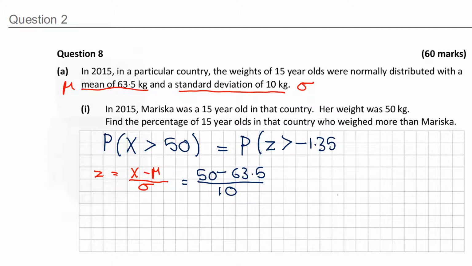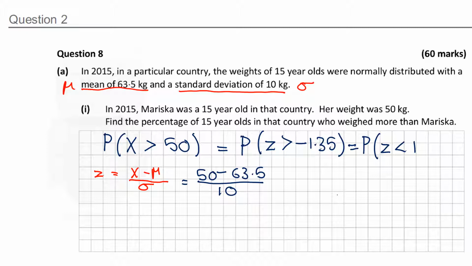However, if we were to look at the table for normal distribution and look at our z-scores, the z-scores go up as positive. There's no negative, so we need to be able to change this from negative to positive. And how we do that, it's the probability that z is less than 1.35.